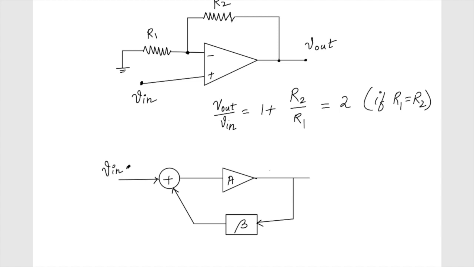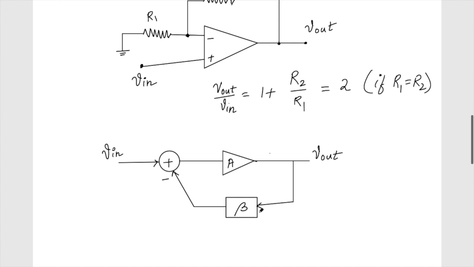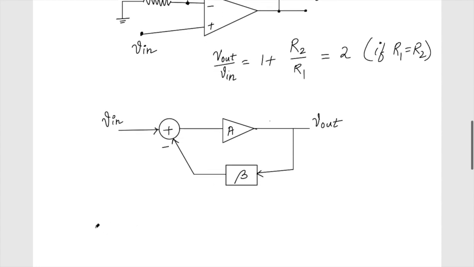This is my V in, and this is my V out. Of course the output is multiplied with a feedback factor, and then it is subtracted from the input.